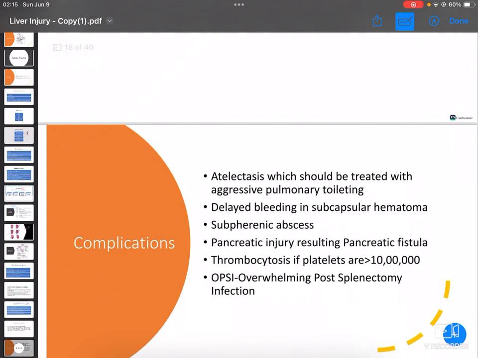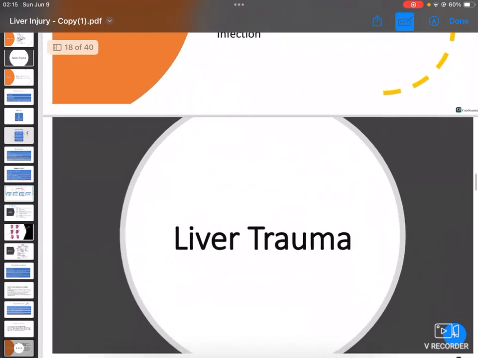Complications: atelectasis, which should be treated with aggressive pulmonary toileting; delayed bleeding in the subcapsular hematoma; subphrenic abscess; pancreatic injury resulting in pancreatic fistula; thrombocytosis if platelets are more than 10 lakh; and OPSI, overwhelming post-splenectomy infection.